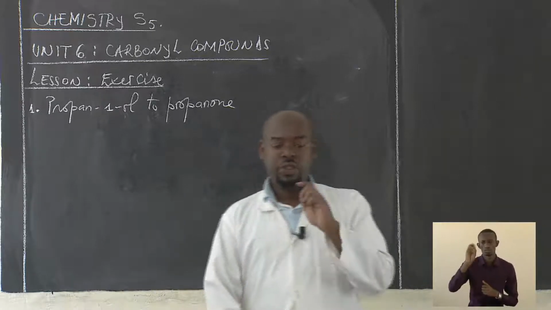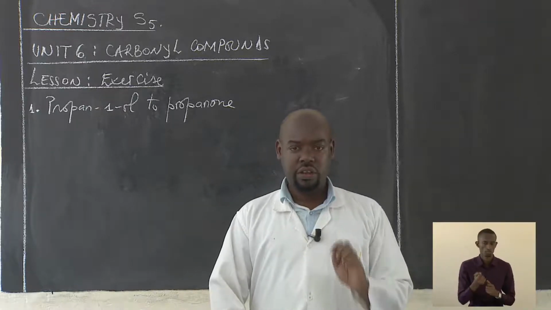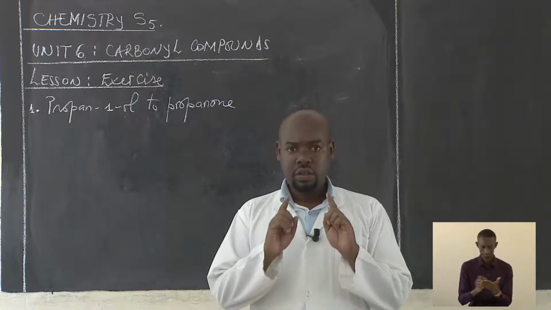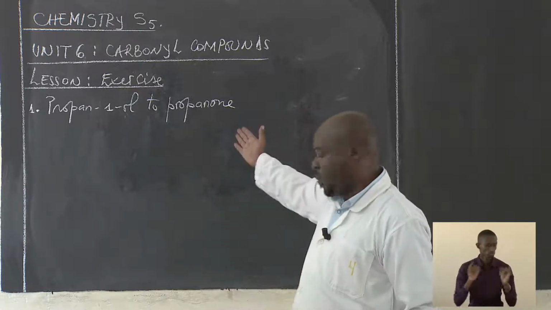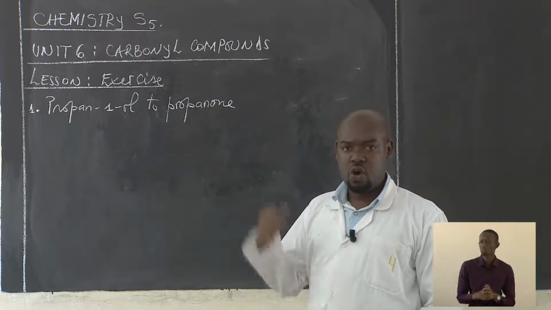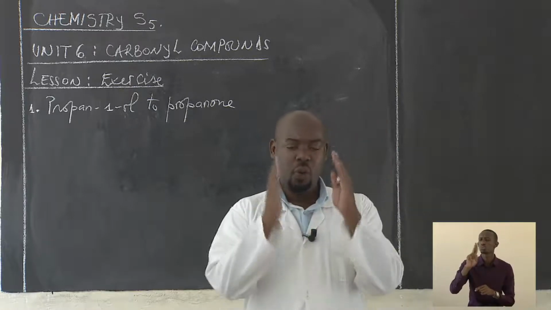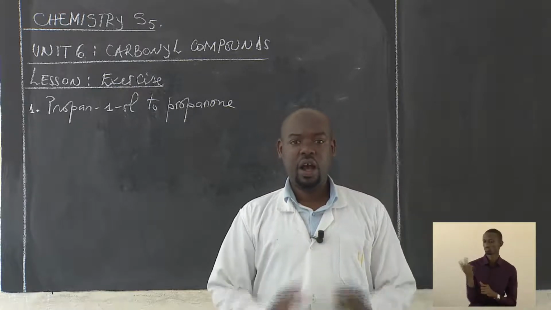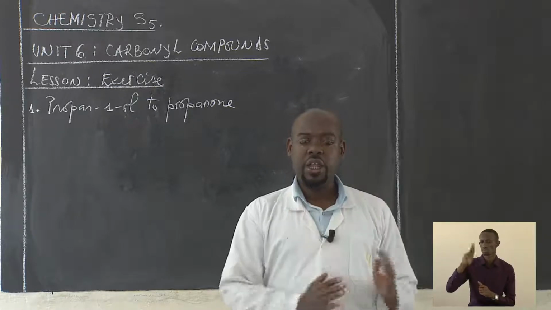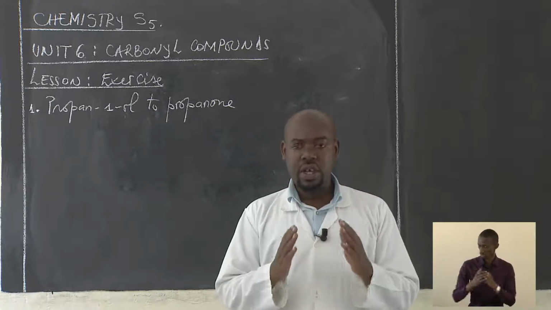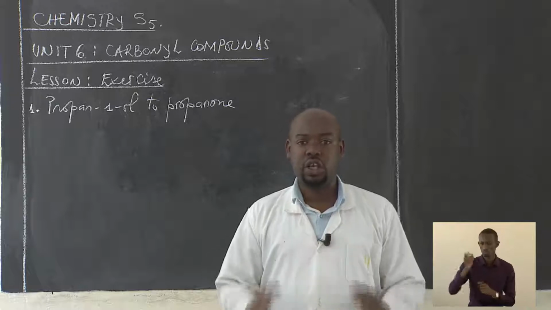So let me invite you to take your books and the pens and try to write the structures of these two compounds. Because if you want to prepare a compound from another one, then it's always better if you start with the structures.